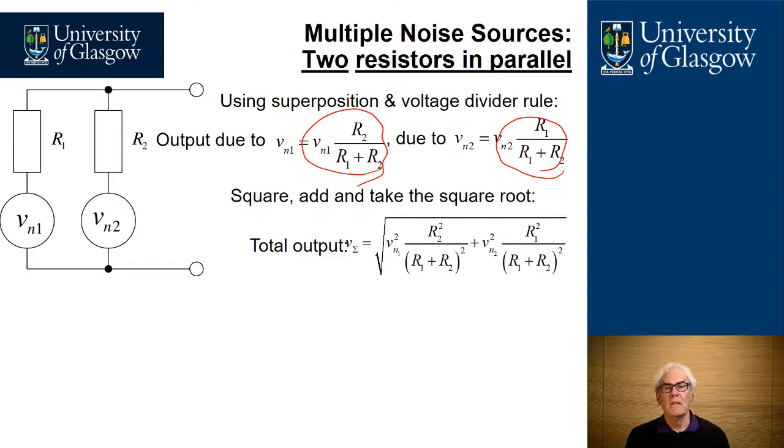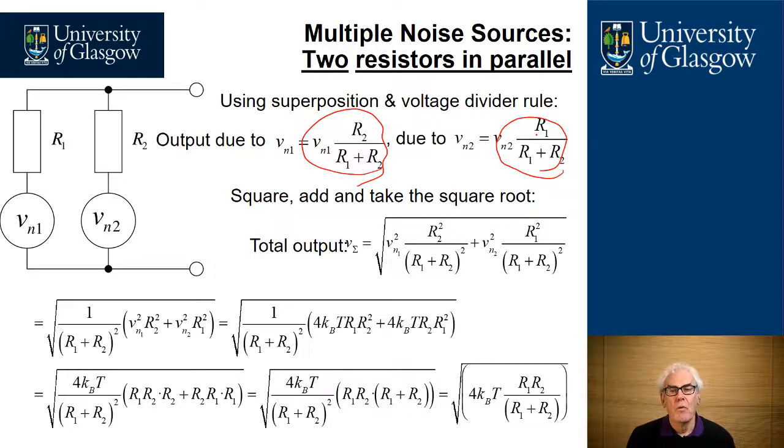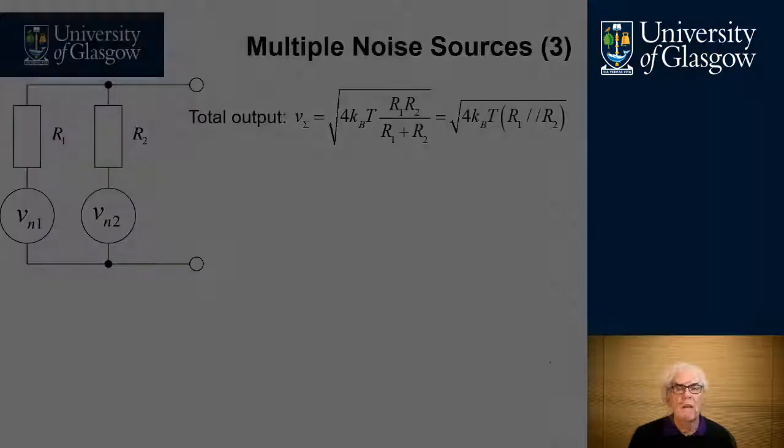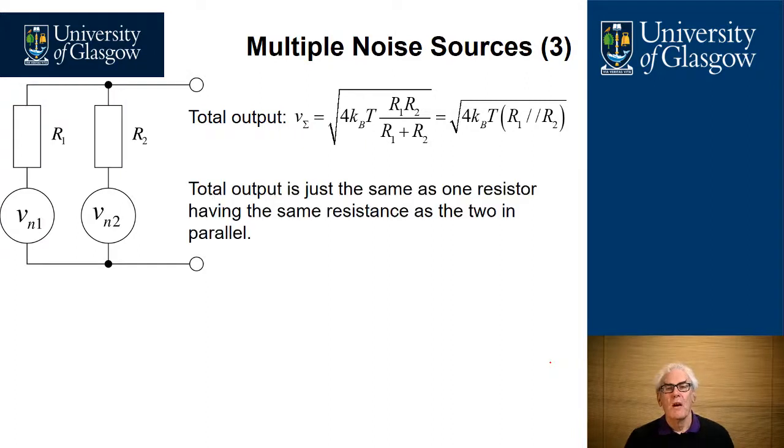So adding those together and taking the square, we get the total output of Vn1 times the ratio of R2 to R1 plus R2 and Vn2 as the ratio of R1 to R1 plus R2, which gives us effectively the result down here. And this equation here is the equation for two resistors in parallel, which you've done many times in circuit analysis. If we have multiple outputs or output noises, we can actually consider the total output is the same as having one resistor having the same resistance as the two in parallel, which is what we've already proven.